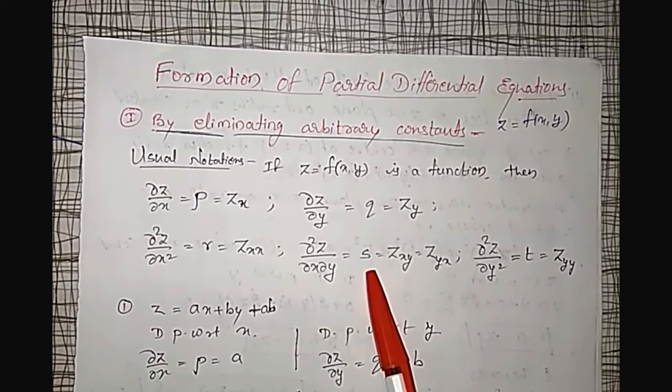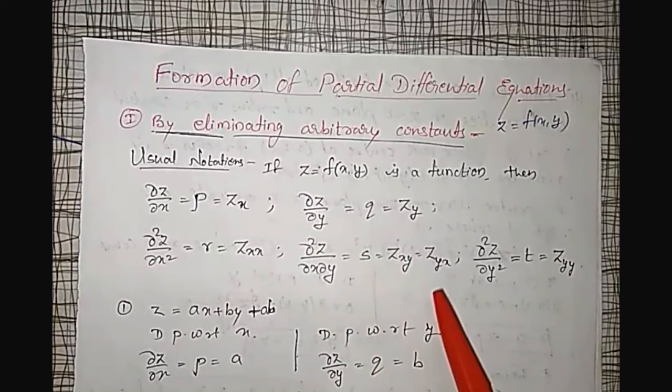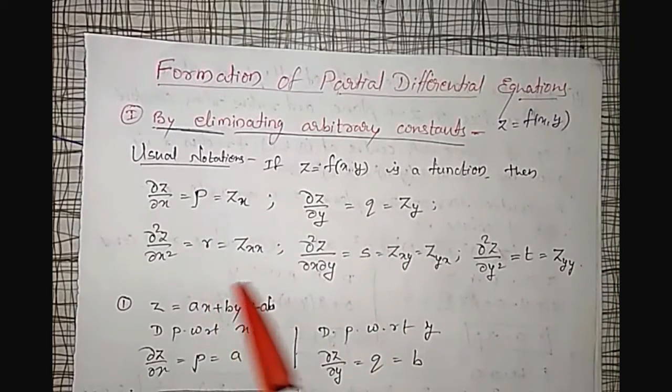It is denoted by s, that is equal to zxy or zyx, and another one, dou square z by dou y square equal to t, that is zyy. p, q, r, s and t we are using.